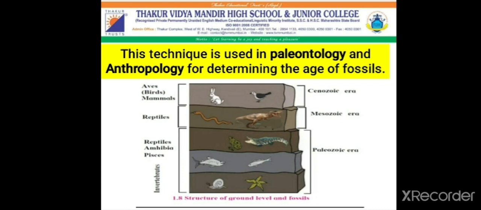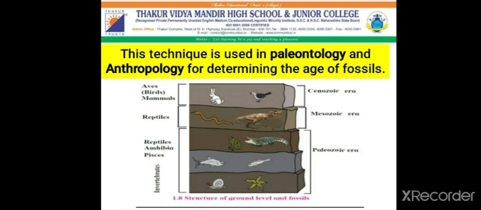Those 3 layers together form the Paleozoic era, in which we can see animals from the classes Pisces, amphibians, and reptiles. Above that, we can see snake and dinosaurs. That is called the Mesozoic era, that is reptiles. At the top, we can see the Cenozoic era, in which we can see aves, birds, and mammals.